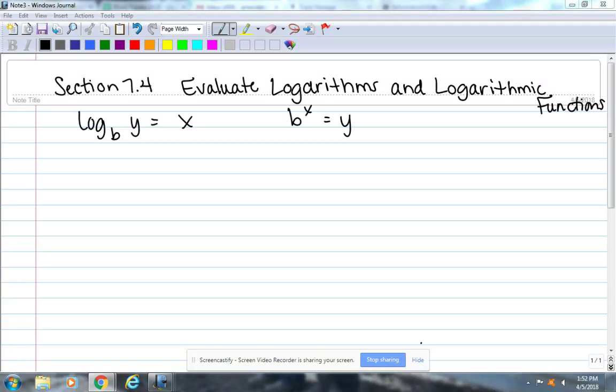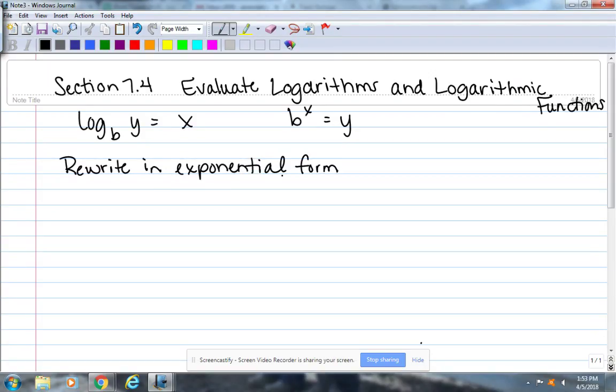So for example, what we're going to do is rewrite logs in exponential form. They're going to give us a logarithmic form of a function, and we are going to convert it to an exponential.